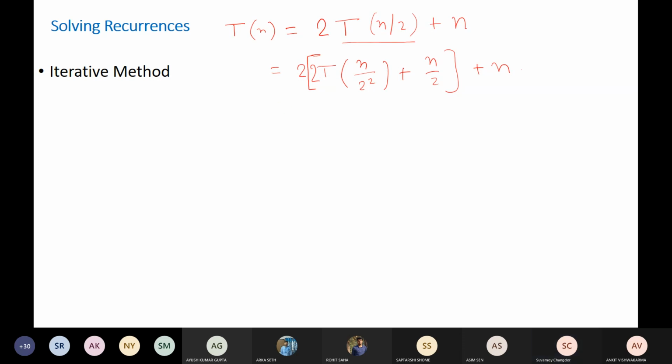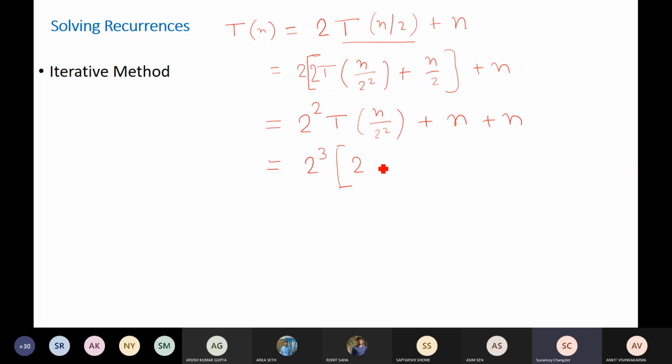Next, here we can write this equals 2^2 T(n/2^2) plus 2 into n/2, that is n, plus n. Next, n/2^2 can be iterated to 2^3.